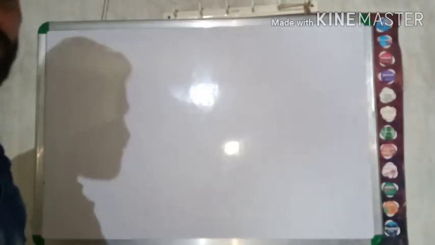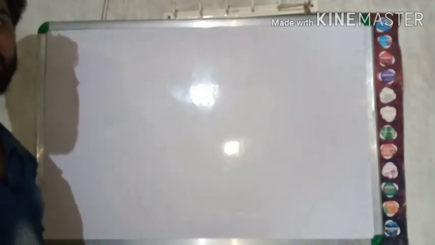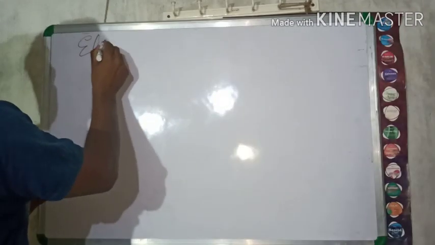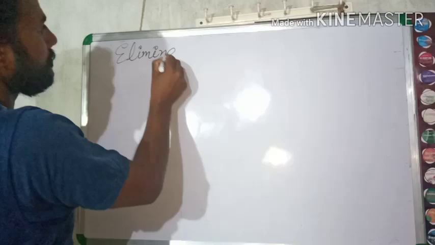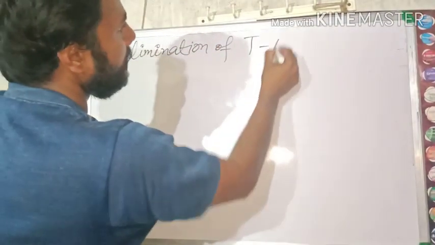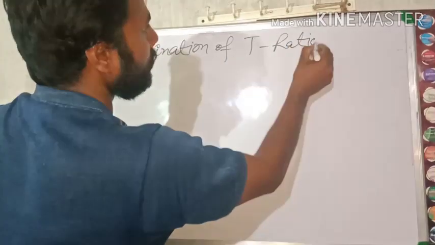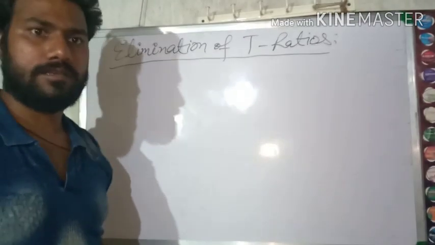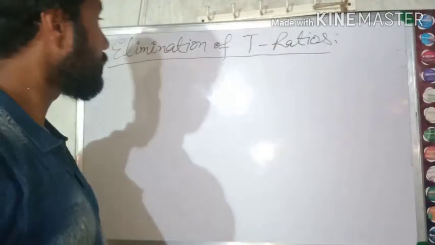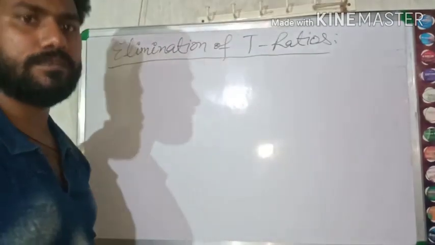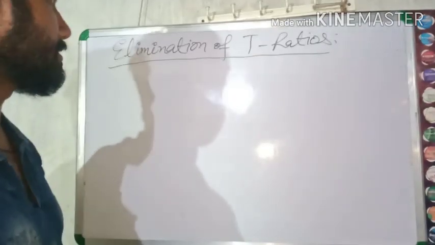Dear students, today our topic is elimination of trigonometric ratio. In the previous class, you have read trigonometric ratio and trigonometric identities, and the use of trigonometric identities.